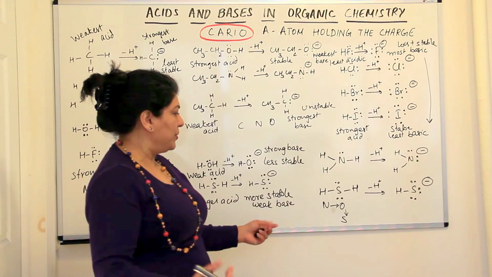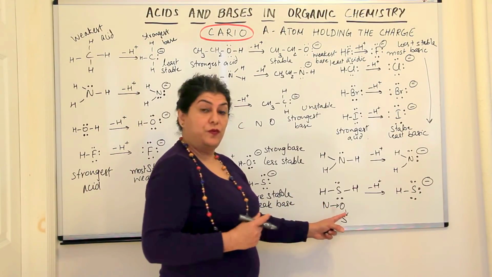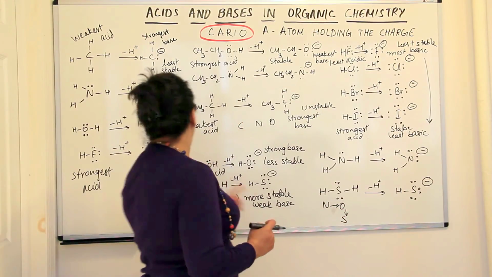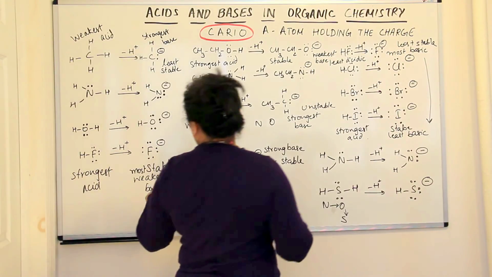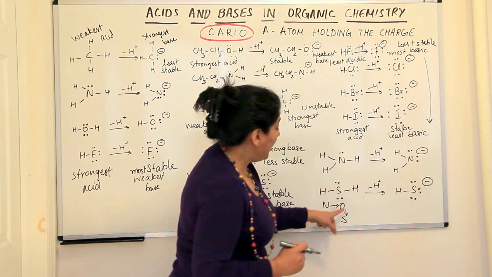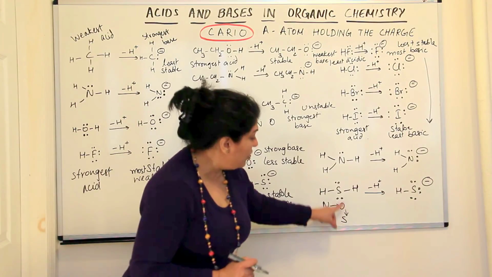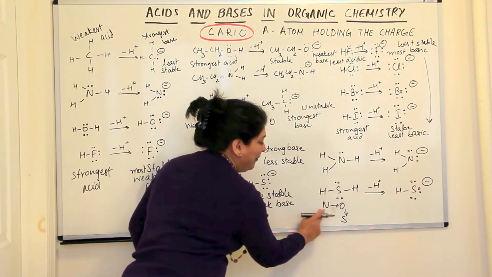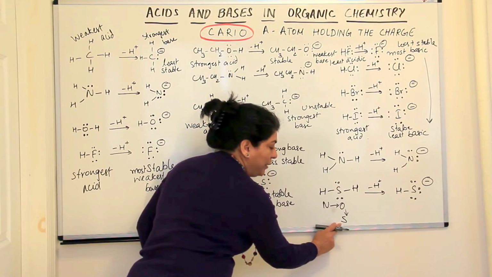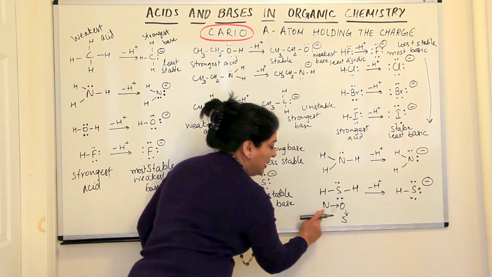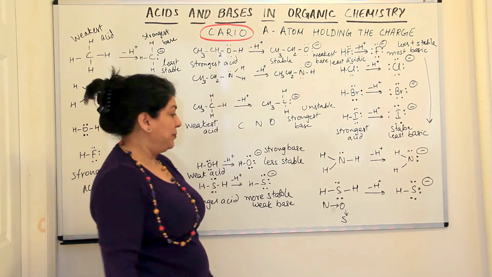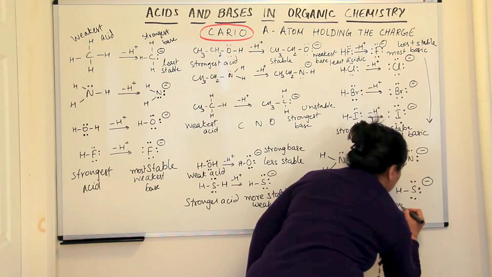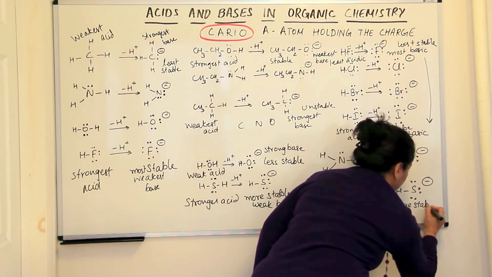So what do you deduce from this? A conjugate base having oxygen is more stable than a conjugate base having nitrogen. Yes? And a conjugate base having sulfur is more stable than oxygen. So if you just remove this oxygen from the middle, we find that a conjugate base having sulfur is more stable than a conjugate base having nitrogen. So SH negative is more stable, right?